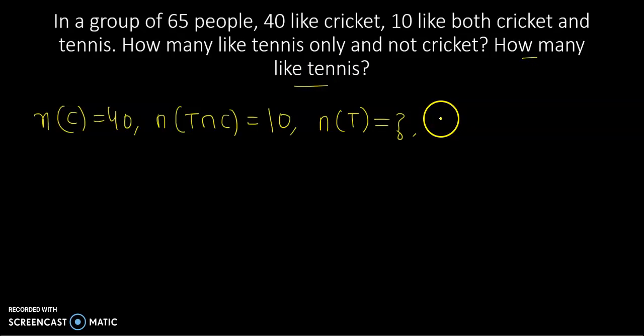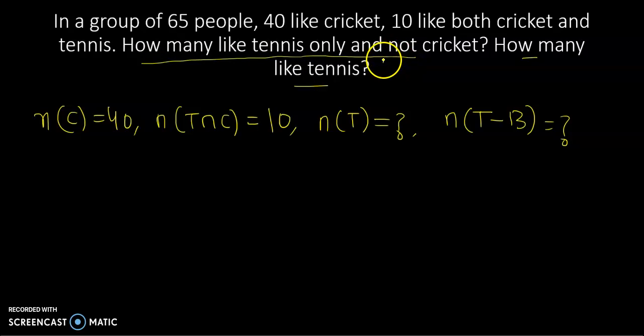And second is how many like tennis only, not cricket. So I want to find out those who like tennis but do not like cricket. That is exactly what I want to find out. Two portions.